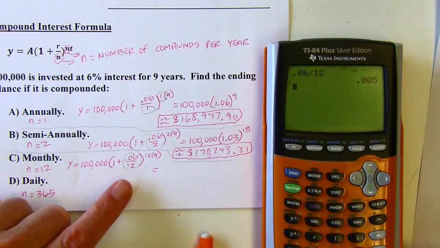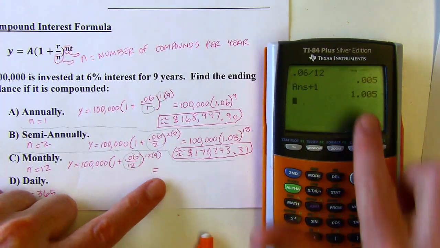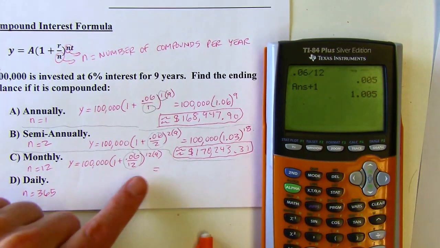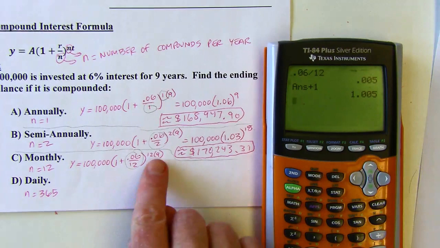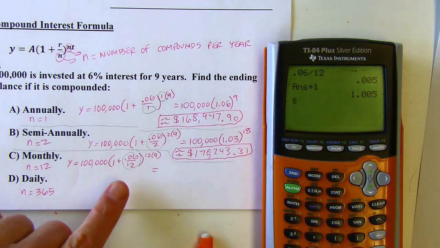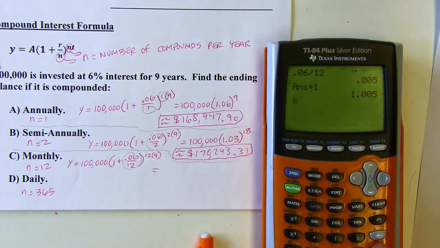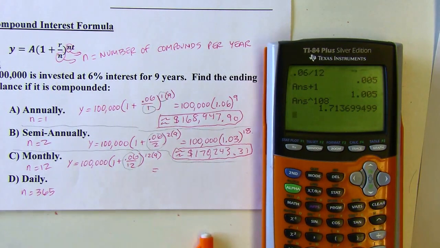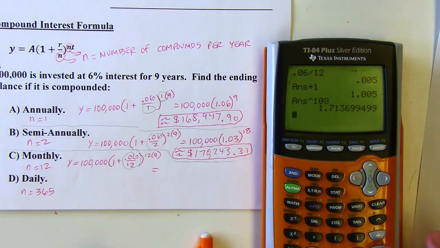I'm going to add that to 1, so 1.005 is going to be my base. Then I'm going to raise that to 12 times 9, which is 90 and 18, so 108. So I'm going to raise 1.005 to the 108, and then the last step is to multiply this all by 100,000.